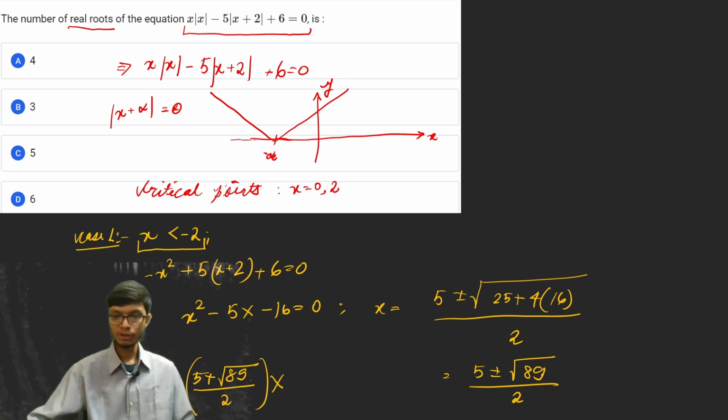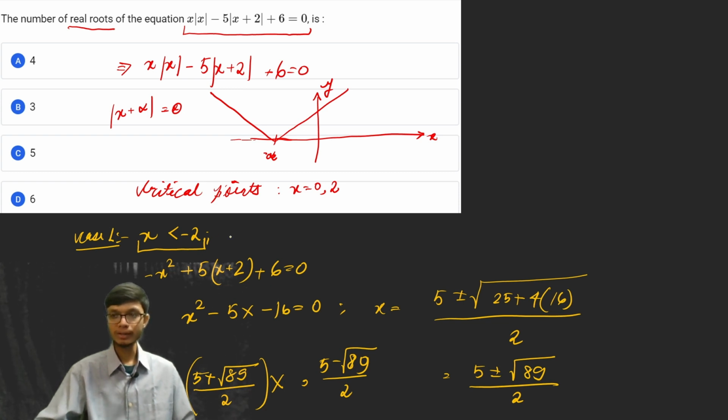Now for the minus sign you have to look for the nearest square of 89. The nearest square is 100, so root under 100 is 10, that is 5 minus 10 by 2, that is minus 5 by 2, which comes out to minus 2.5.